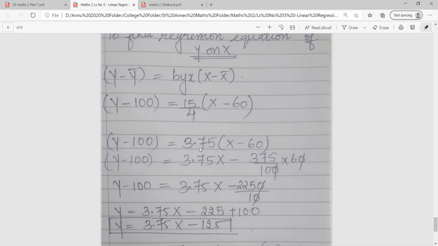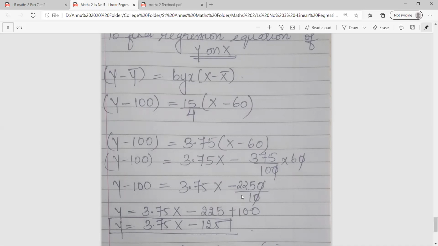So 15 by 4 is nothing but 3.75. So I have multiplied 3.75 by both. Here you can see, I've removed the decimal over here. So I got 2250 by 10, which is as easy as 225. So whenever you come across decimals, you can just remove the decimal and calculate. It becomes easier.